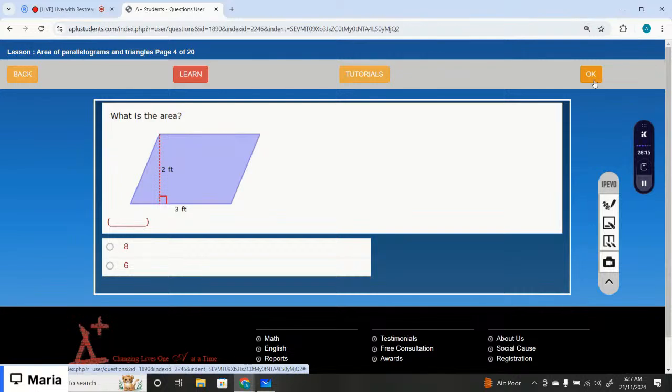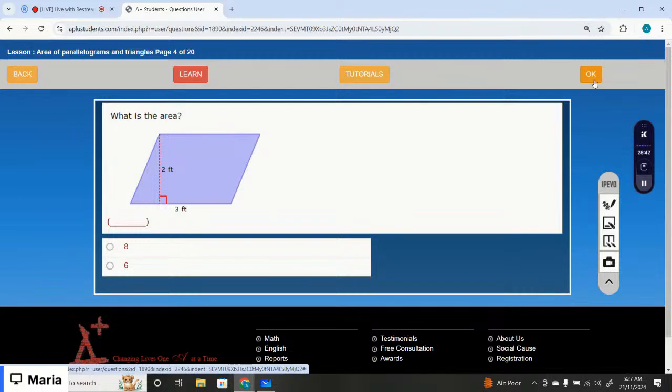Okay, the next one is, what is the area? Which is the correct option? That is base times height.